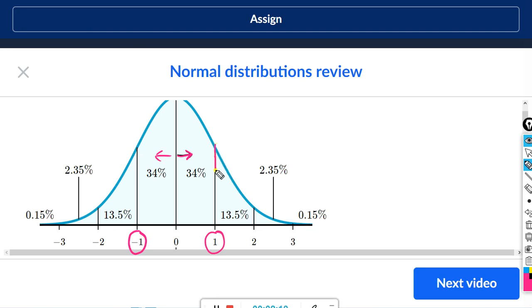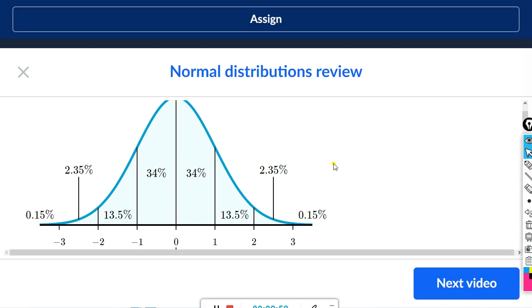If we closed off the curve from here to here, this would represent 68% of the entire curve. Of course, the whole curve is 100%. So we have 34% to the right and 34% to the left, and that's 68% going from z equals -1 to z equals 1. This is one standard deviation from the mean in each direction.